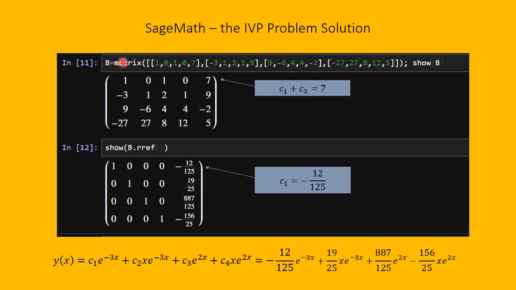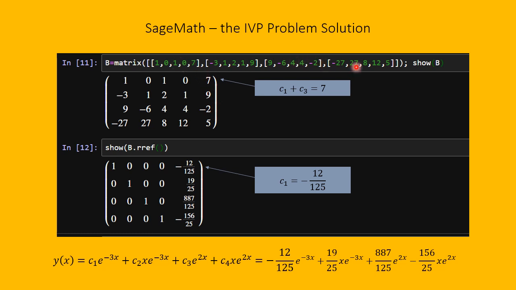B equals matrix, and then we have a parentheses here and a parentheses here. Inside those parentheses is the definition of our matrix. Here is a square bracket, which you can think of as representing this bracket here. And over here we have another square bracket, which we can think of as being this bracket here.